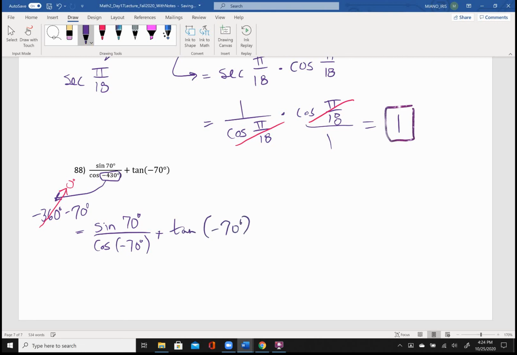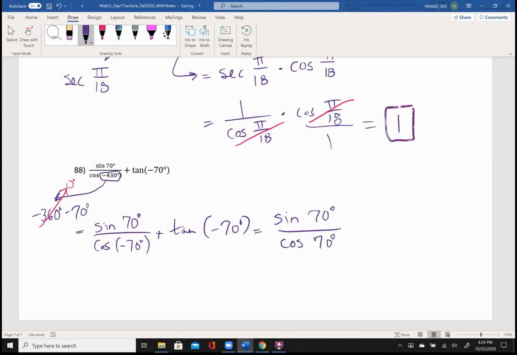Now let's use the evenness and oddness of these trigonometric functions to make the signage adjustment. And by signage, I mean S-I-G-N, sign adjustment, not S-I-N-E. Sine of 70 degrees over cosine 70 degrees. Yep, because cosine is even.